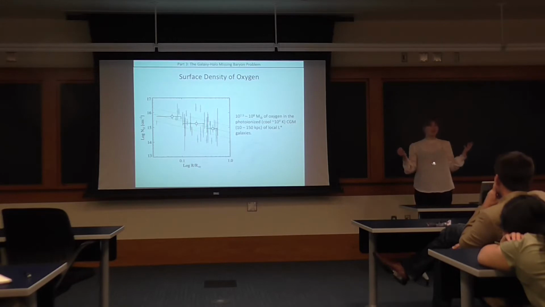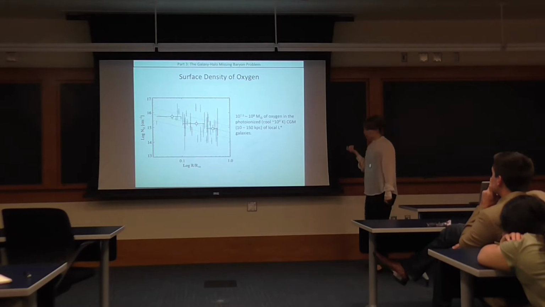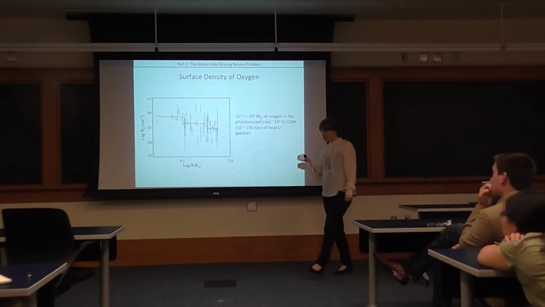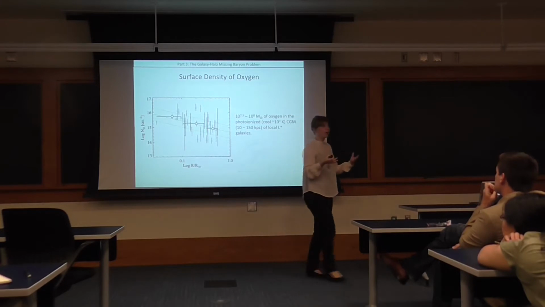Non-solar abundance ratios happen, but not by more than a factor of, say, 2 to 5, so we allow for that swap. These error bars include non-solar abundance ratios. So the metal surface densities imply about 10 to the 8 solar masses of oxygen in the halos of these normal star-forming galaxies. And so previously, people might have said, well, wait a minute, how are all those metals out there?